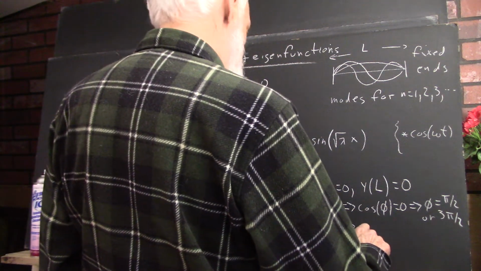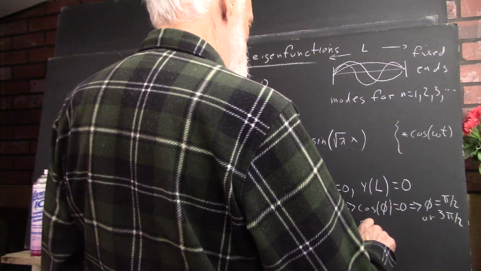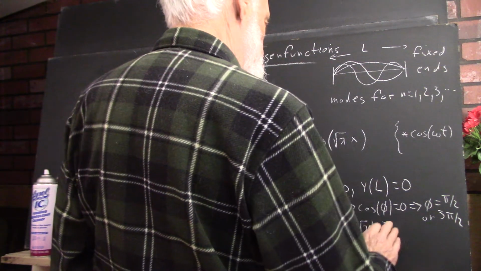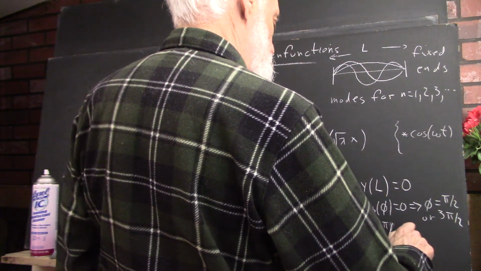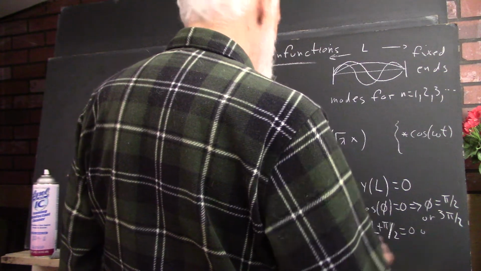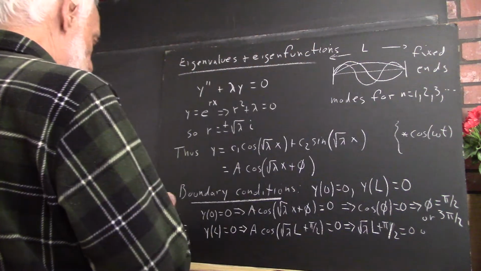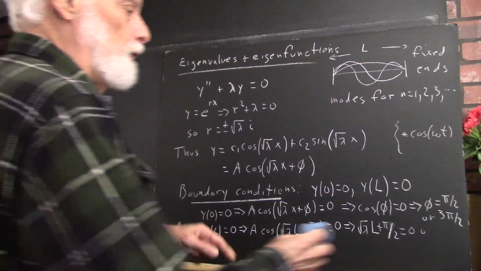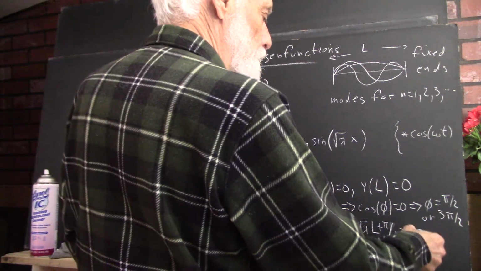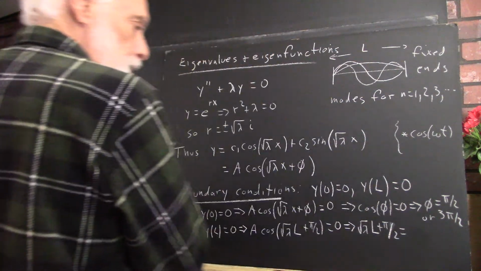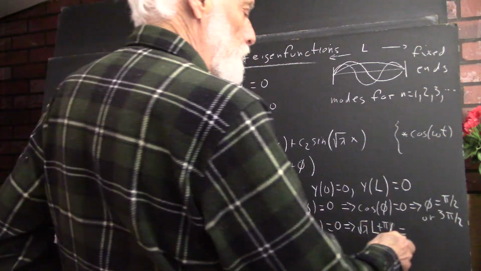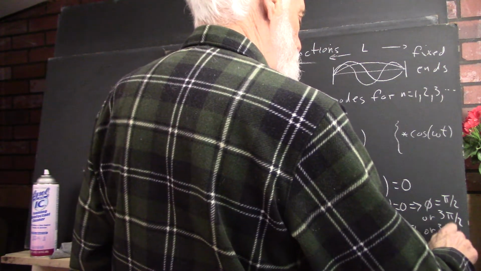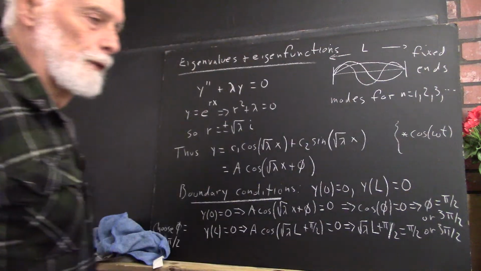That it's not equal to 0. Write things down with attention to what I'm writing rather than reflex, and I'll get it right. Okay, square root of lambda L plus pi over 2 was pi over 2 or 3 pi over 2.